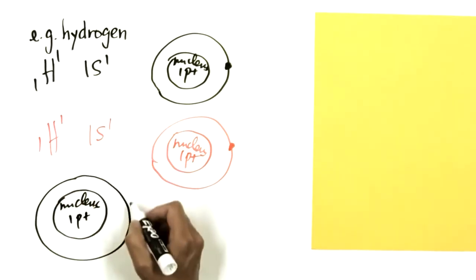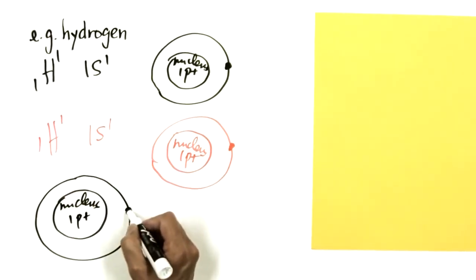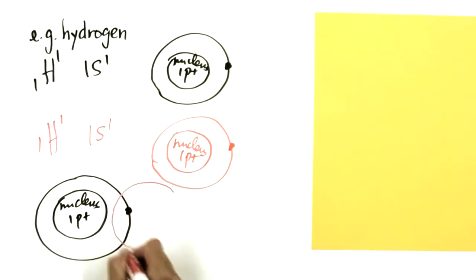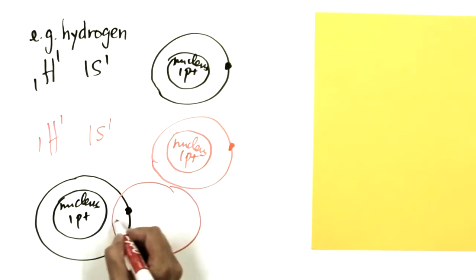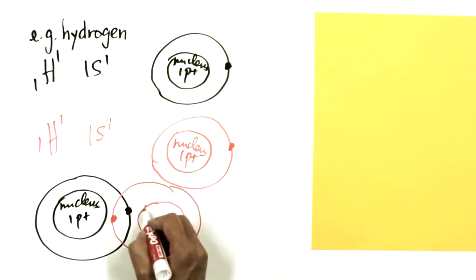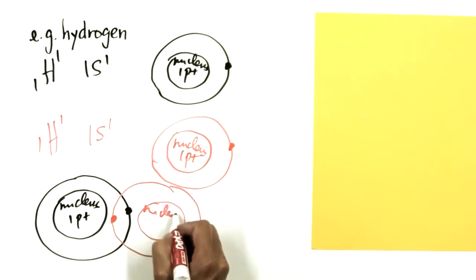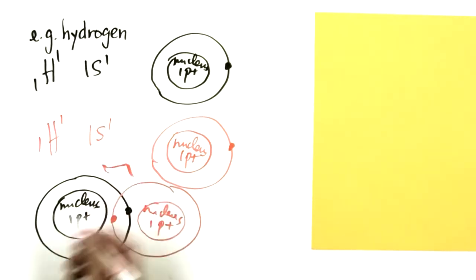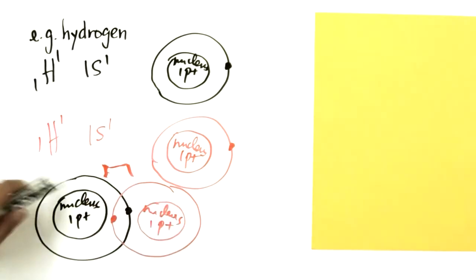This is its first electron shell with the 1 electron. And then we will have this other hydrogen atom here with its 1 electron and its nucleus with 1 proton. So notice here now, class, that these 2 hydrogen atoms are sharing 1 pair of electrons, so that at the end, both of them become stable.